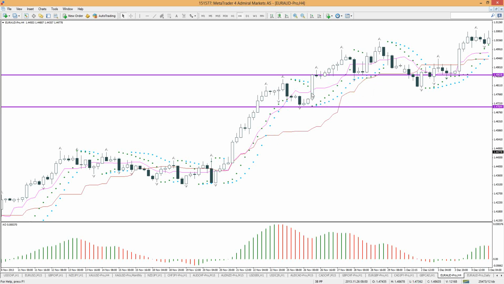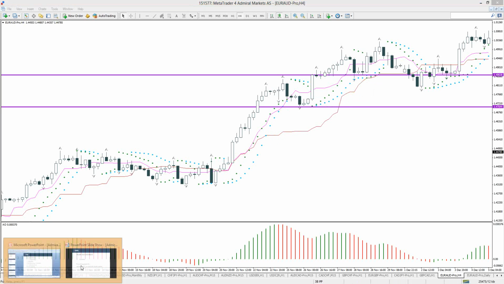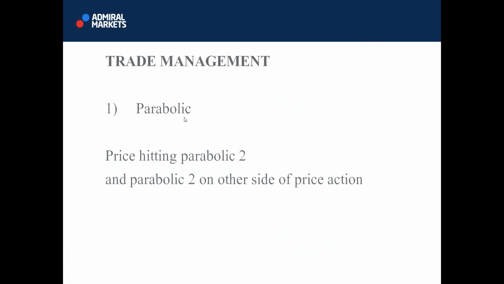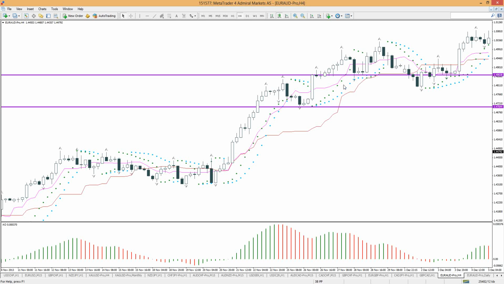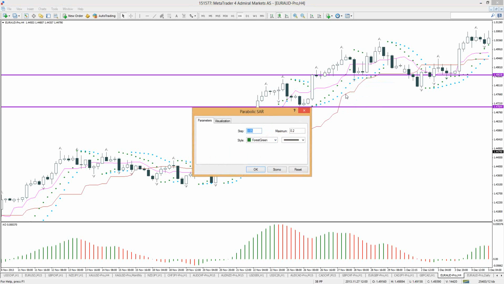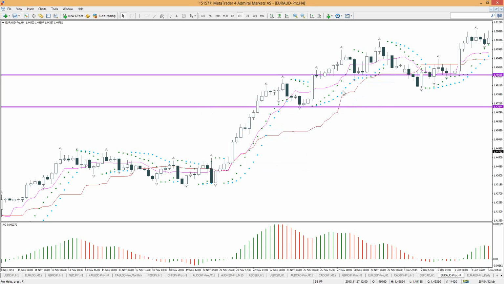So, trade management. One of the exits is parabolic 2, when price hits parabolic 2. The parabolic 2 is this light blue one, all right? So the exit, when price hits it, is this doji here.